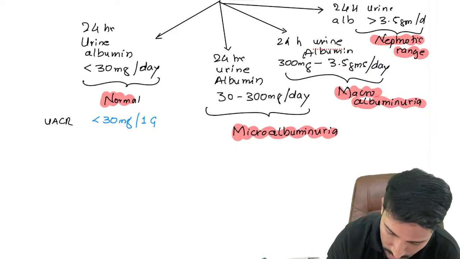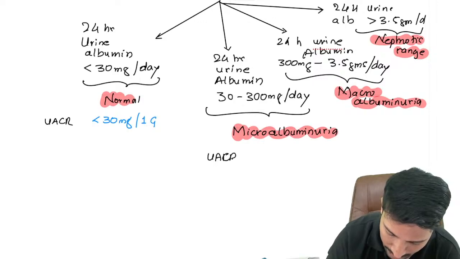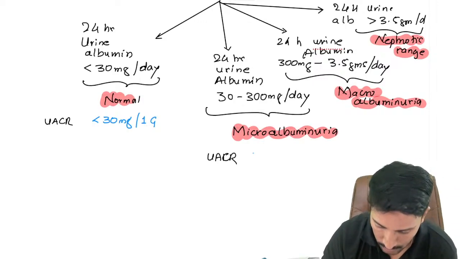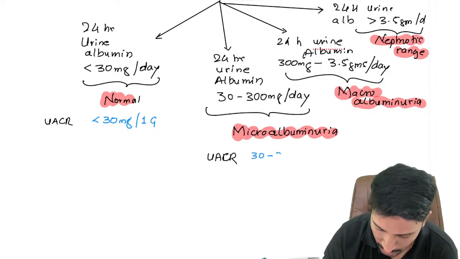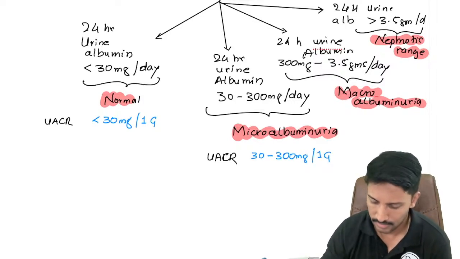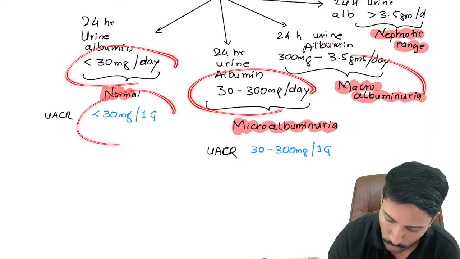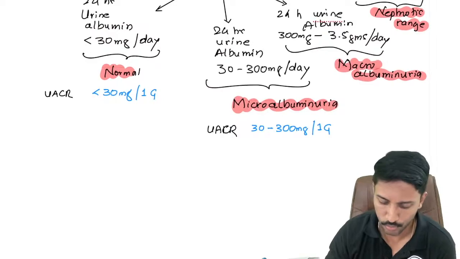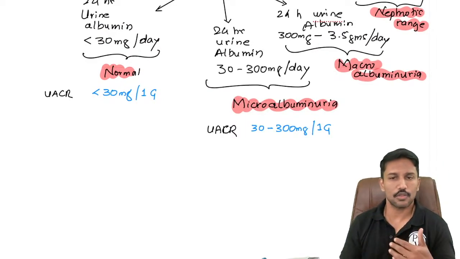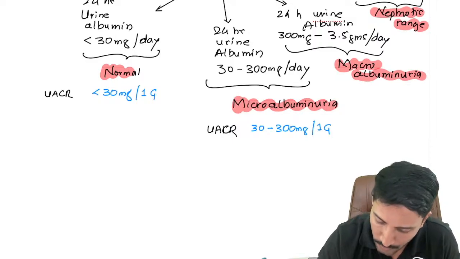Same applies here. The urine albumin creatinine ratio means for every 1 gram of creatinine, how much albumin is excreted in urine? It is 30 to 300 for 1 gram of creatinine. The numbers are very easy to remember, the same numbers that we write for 24-hour urine albumin. So UACR less than 30 is normal. UACR 30 to 300 is microalbuminuria.